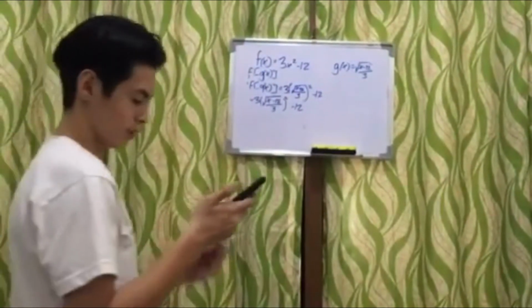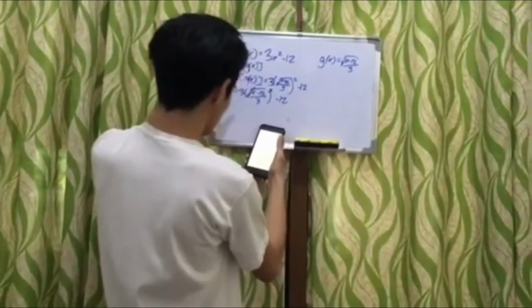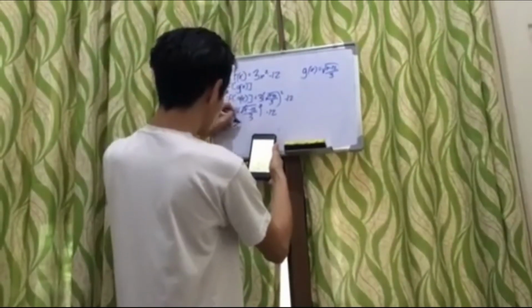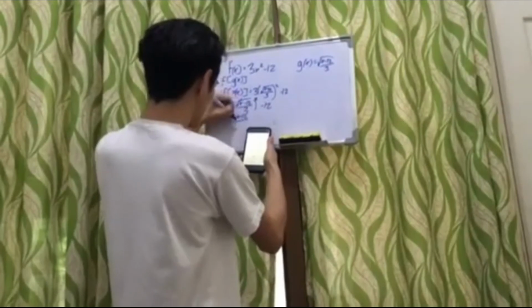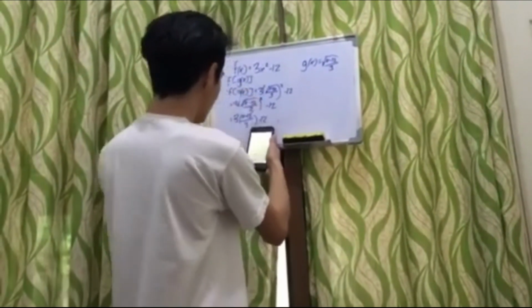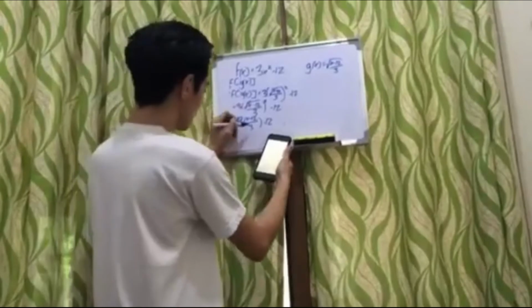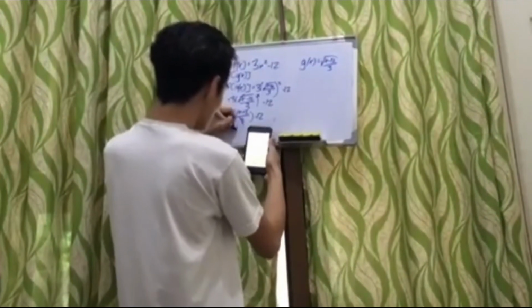Then here, we will cancel the square root and the square. And here, we will cancel the 3 again. x minus 12.